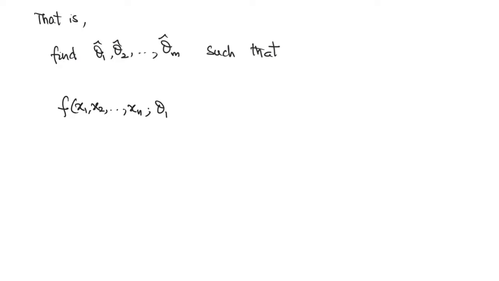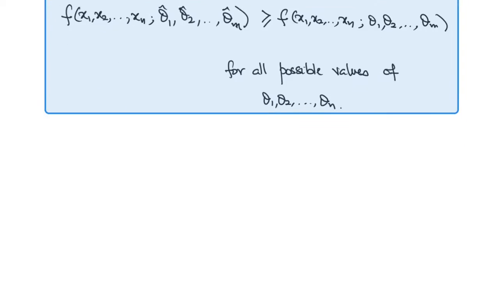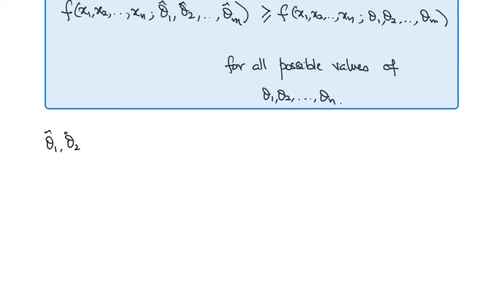This is to say that we want to find theta 1 hat, theta 2 hat up to theta m hat, such that the function f of x1, x2, xn semicolon theta 1 hat, theta 2 hat up to theta m hat is greater than or equal to f of x1, x2, xn semicolon theta 1, theta 2 up to theta m for all possible values of theta 1, theta 2 up through theta m. It should have been theta m in the video.